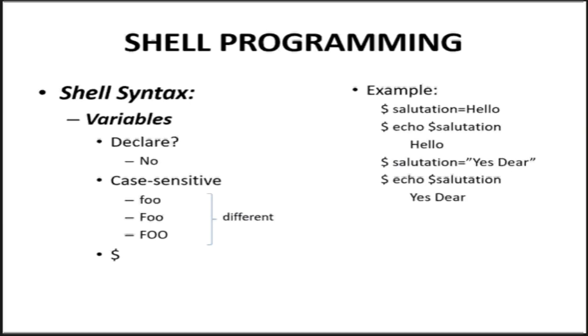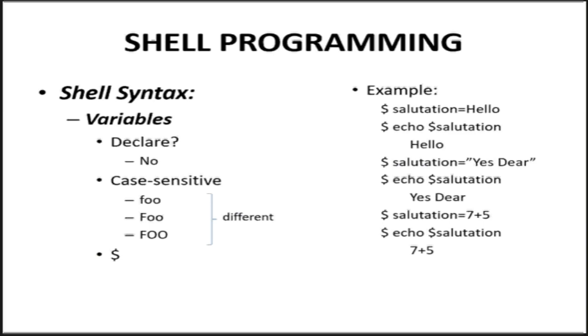Similarly, when I assign the variable the value 7 plus 5 and echo salutation, you may expect that 12 will be displayed as an output, but when I echo it, it shows 7 plus 5, because we need to represent expressions properly.